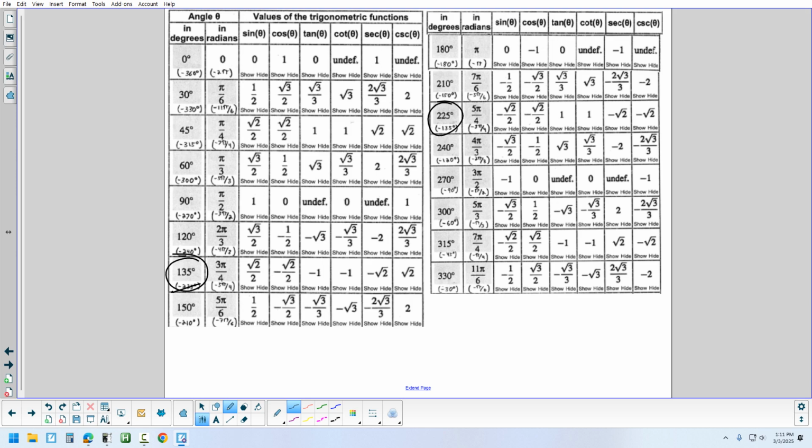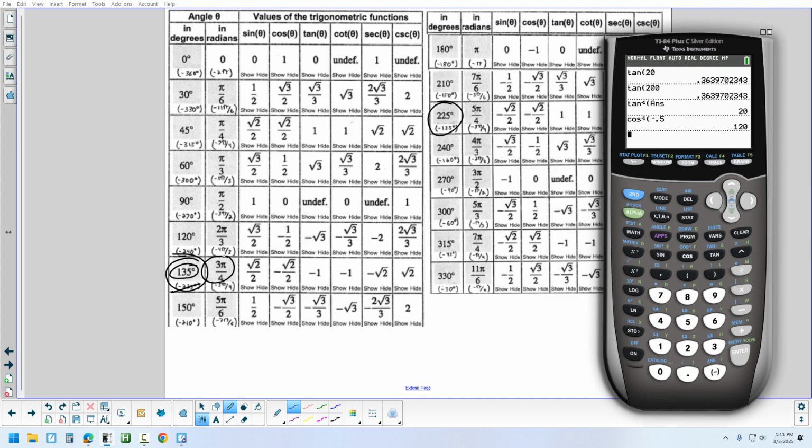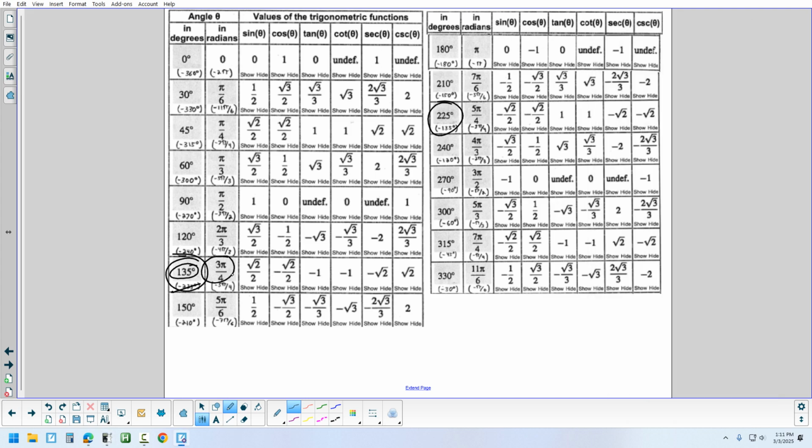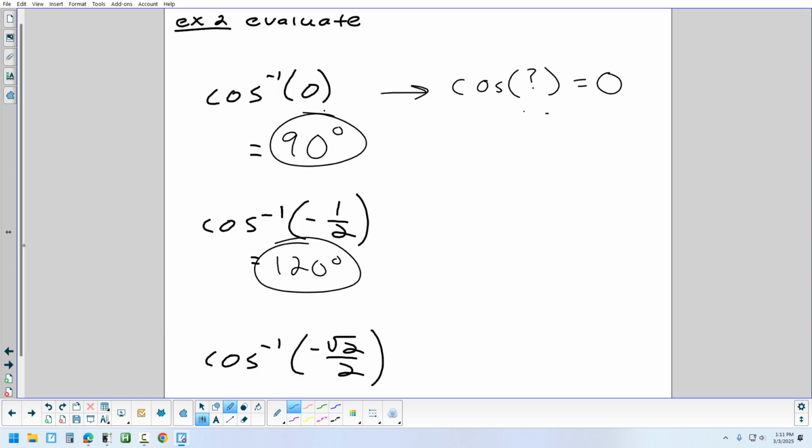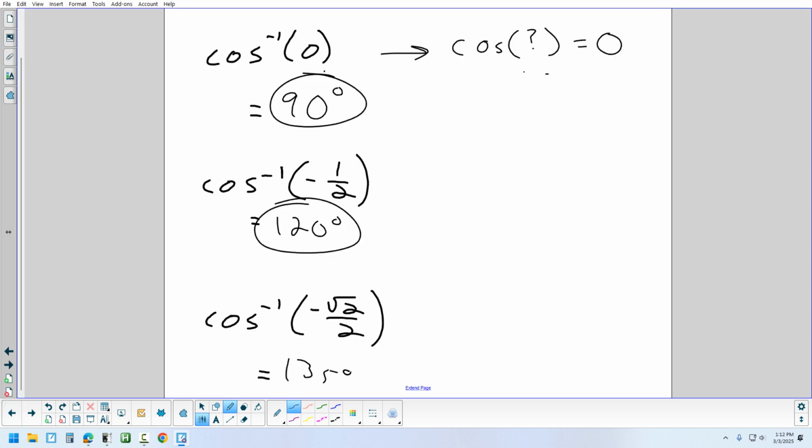That answer is 135. And if they ask you for it in radians, it would be 3 pi over 4. Because if you try to do this in radians on the calculator, it's going to give you a decimal. It'll never give you 3 pi over 4. But the chart will. So that's 135. Any question on it?